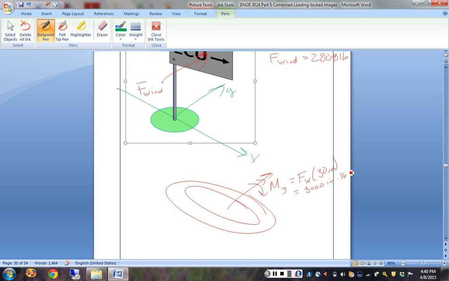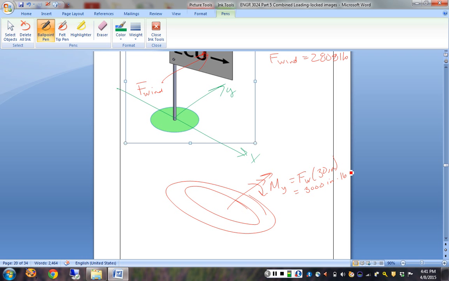Okay, if the wind is blowing, it's going to try and twist it. What's the moment arm on that one? 30 again, it's the same 30. But what axis is that about? It's z, and which force is it?